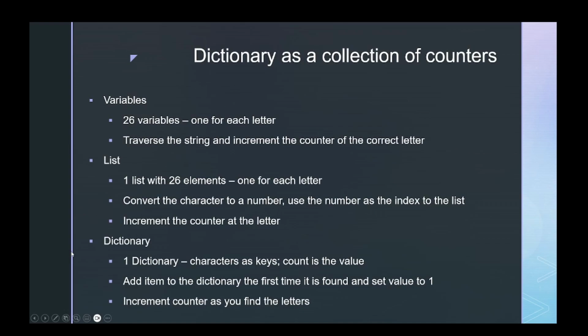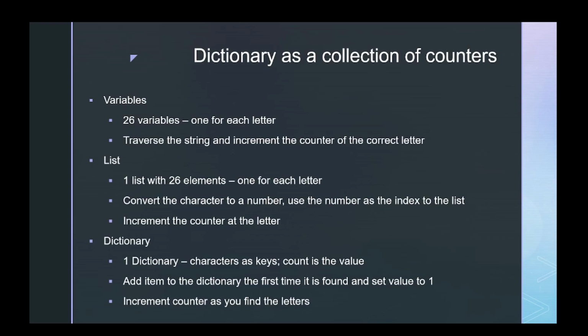The first way is I can do it with variables. I could create 26 variables, one variable per letter, and traverse the string character by character and increment the variable of the correct letter. So for example, if I find an A, I can say my A variable equals A plus 1. And I can do that for every character in my string. I can do the same thing with a list.